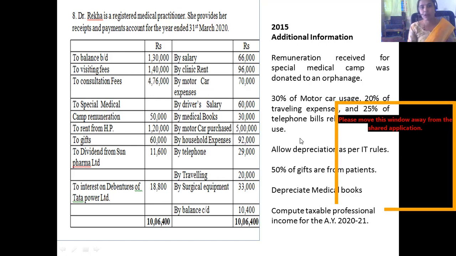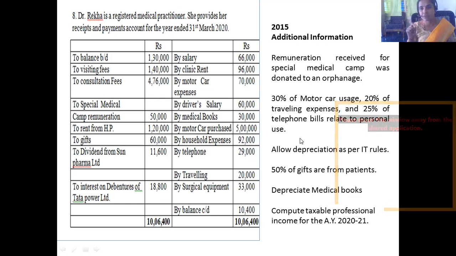Household expenses will not come at all. Telephone is 29,000, 75% is related to profession. So 29,000 into 75%. Traveling expenses is 20,000, 80% is related to the profession. So 20,000 into 80%, 16,000. Surgical equipment, the rate of depreciation as per the IT rules is 33,000 into 15%. So this is about the payment side.